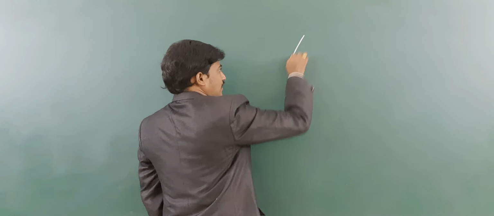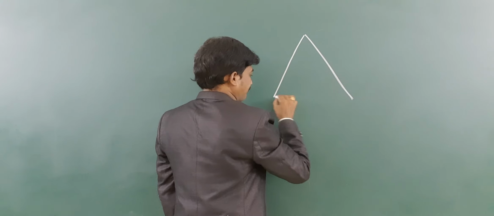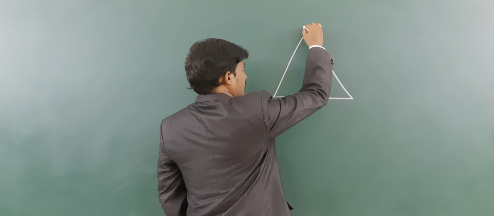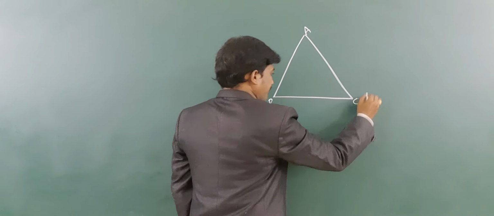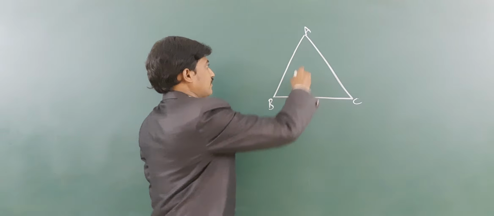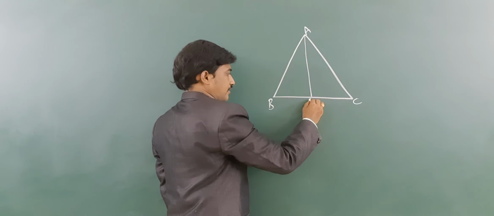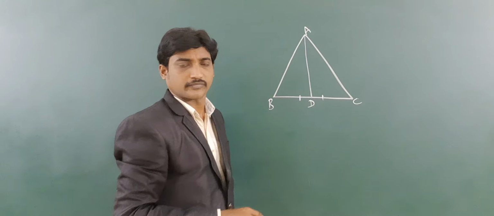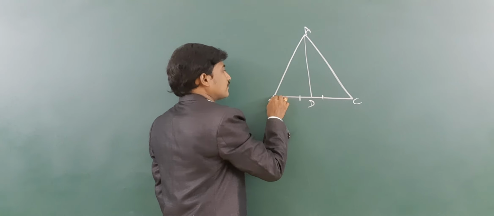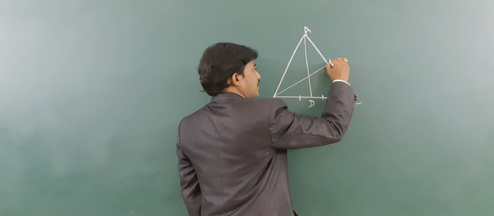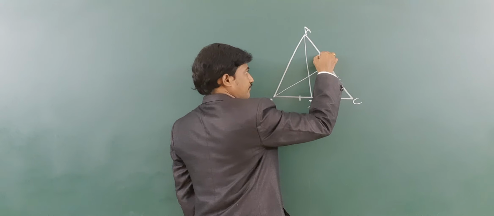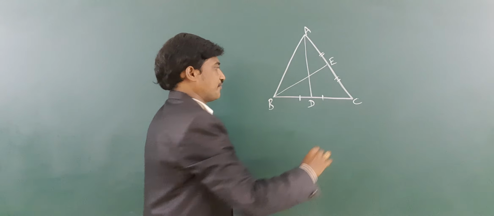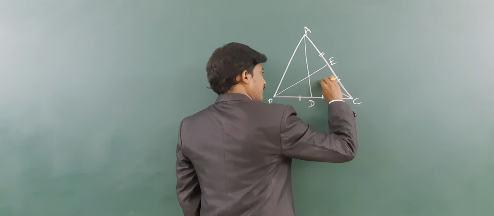We know that in a triangle, the median's intersecting point is called centroid. There is a triangle ABC. AD is a median, BE is a median, CF is a median.